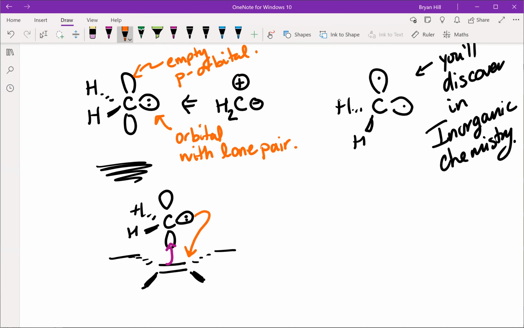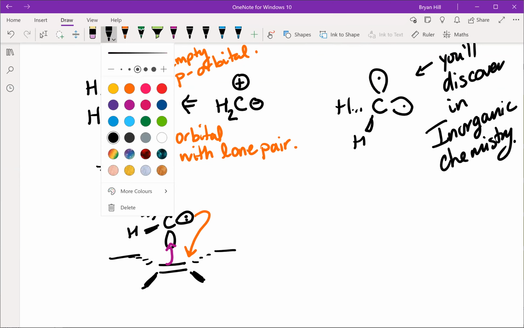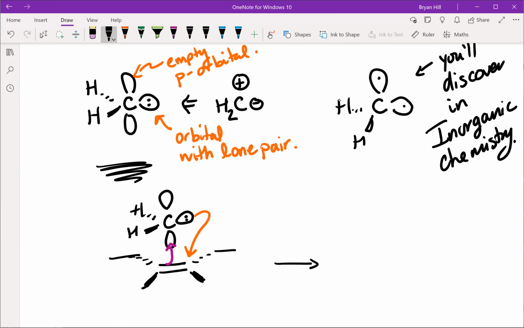So this would basically be a concerted reaction. And our final product would look like this. And of course, we would normally not draw these two protons here because they're just protons. But that's basically the way it would work.